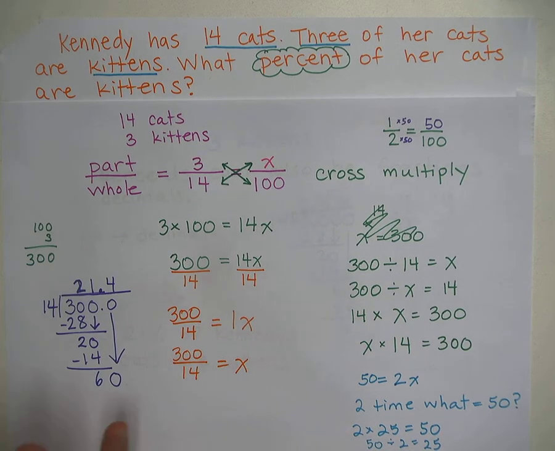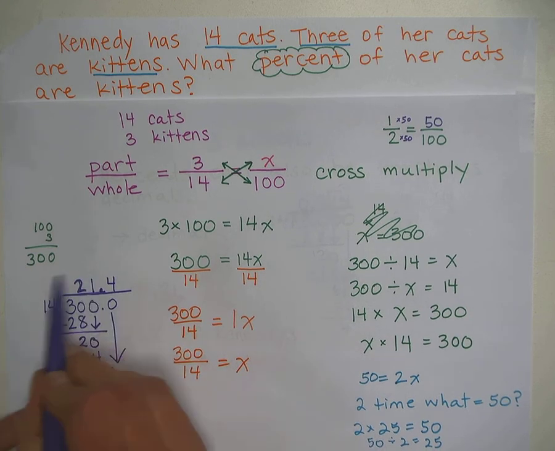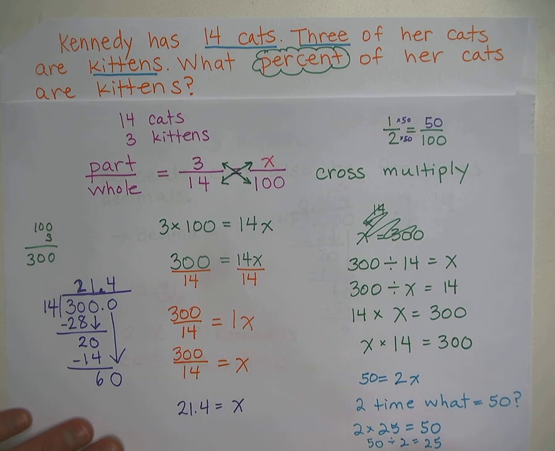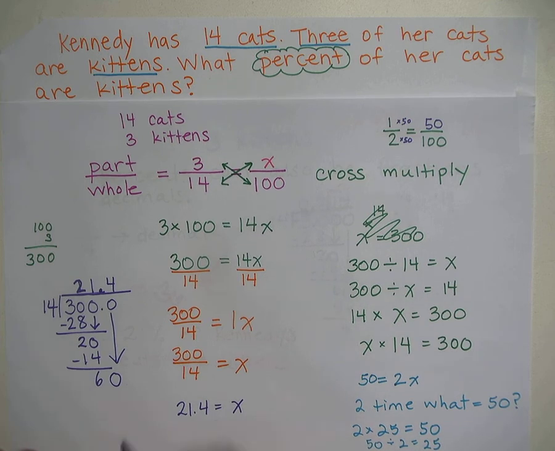I always tell you guys to go 3 digits past the decimal, but since we're figuring out a percent here, it's okay to round percents to the nearest percent. So this is our x. 21.4 equals x. And since we're rounding to the nearest percent, it ends up being 21%.